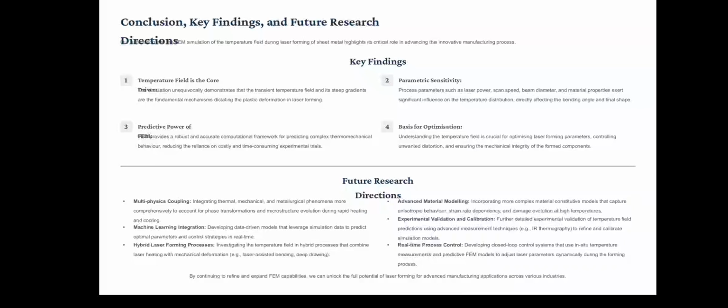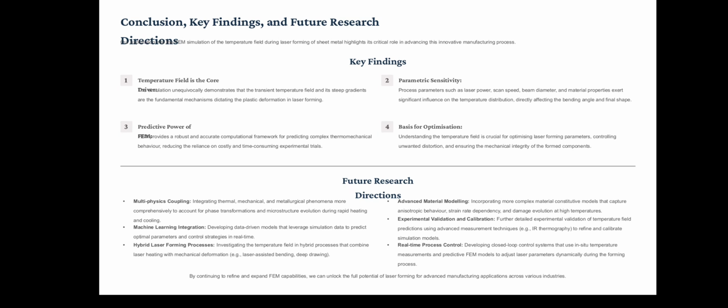Future research directions: multi-physics coupling, integrating thermal, mechanical, and metallurgical phenomena more comprehensively to account for phase transformations and microstructure evolution during rapid heating and cooling. Machine learning integration: developing data-driven models that leverage simulation data to predict optimal parameters and control strategies in real time.